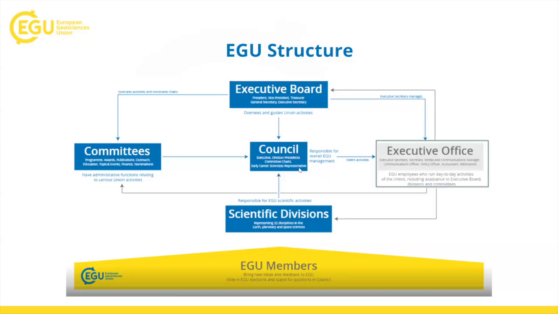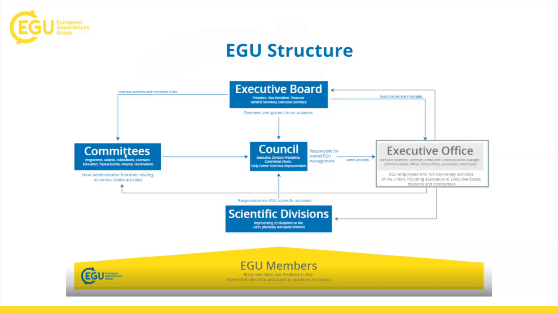There are also other ways that can help influence EGU. Each division also has an early career scientist representative, and they feedback to the Early Career Scientists Union representative who sits on the council. So that is currently Dan Evans, as I said, and will be Stephanie over next year. There are other ways the council is fed into as well. We have committees.